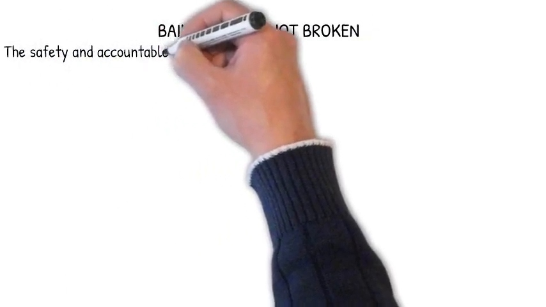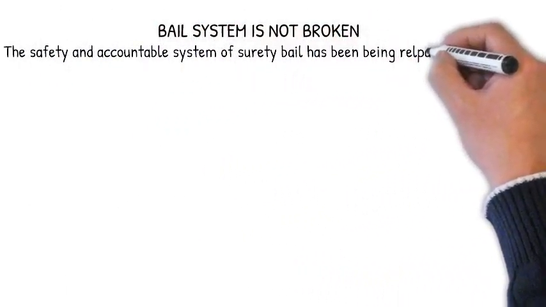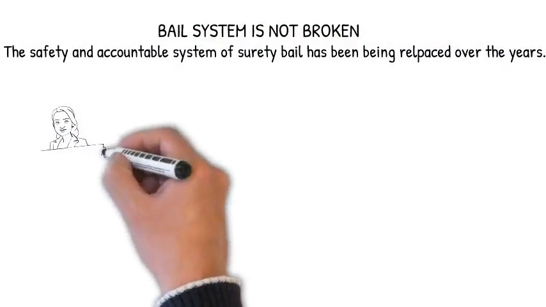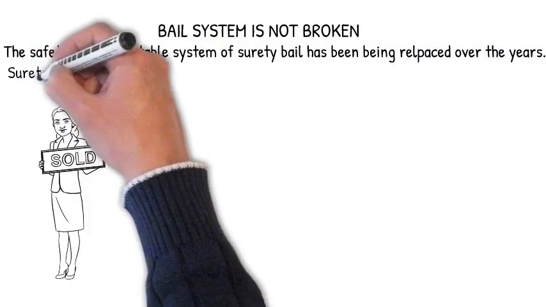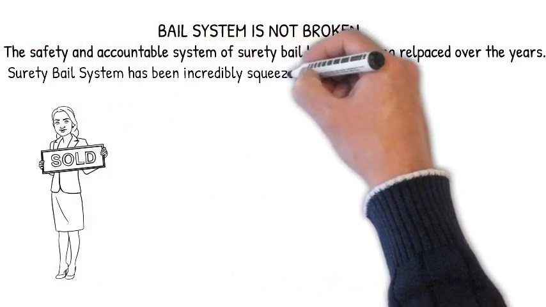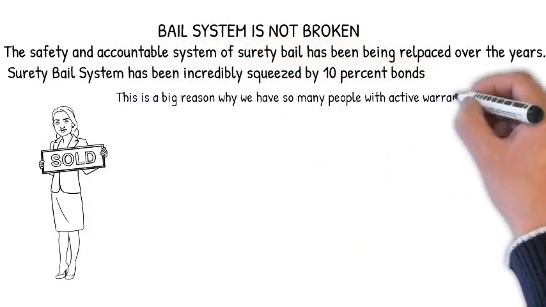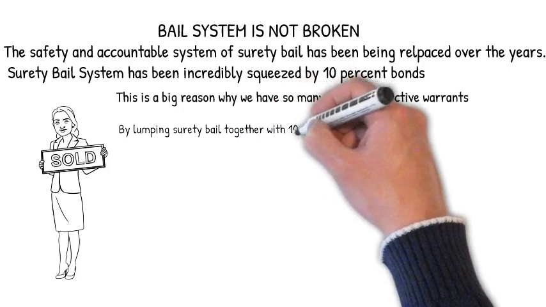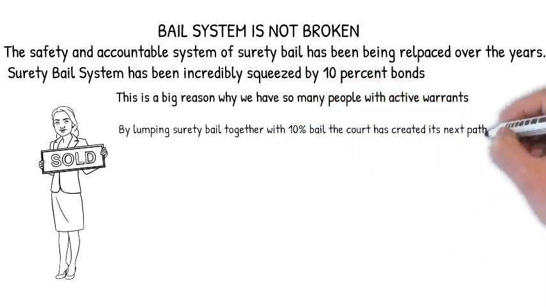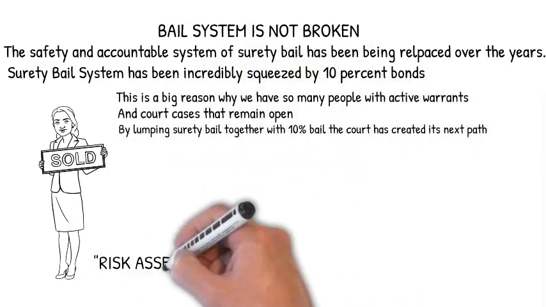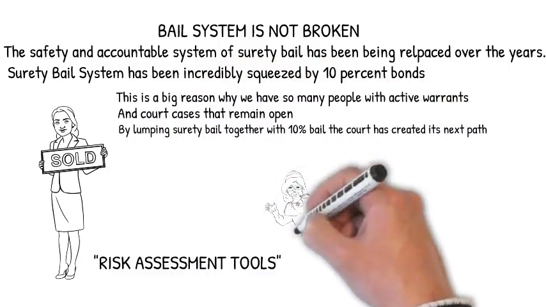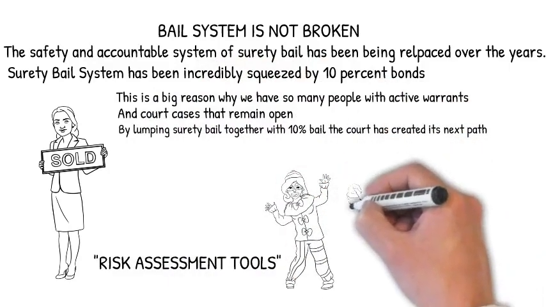The bail system in Ohio is not broken, but it has been misused over the last several years. 10% bonds is how the court has been generating revenue, and this system has not been tracked and is unaccountable. Now Ohio is considering another unaccountable tool, a risk assessment tool. The solution has always been here.